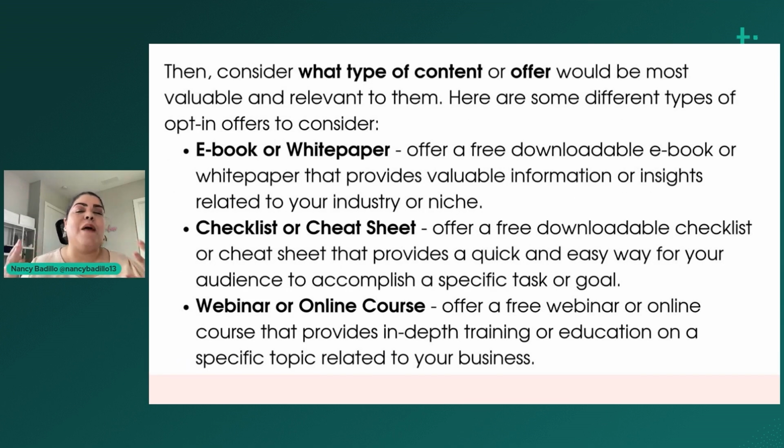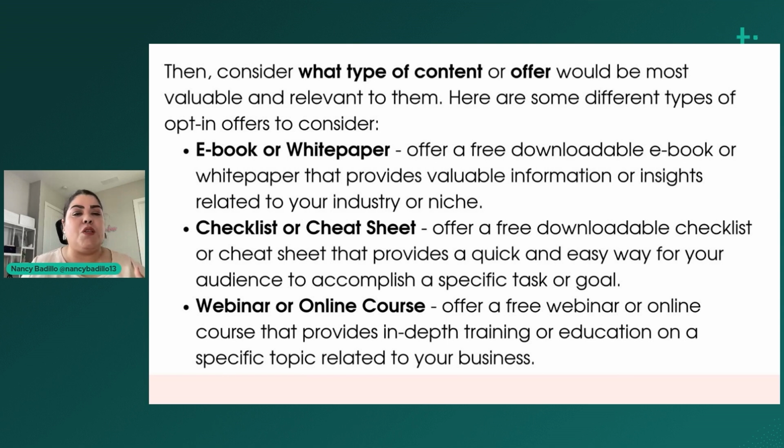Now, what type of content or offer would be more valuable and relevant to them? So let's go ahead and talk about the different types of opt-ins. The first one we're going to be talking about here is ebooks or white papers. This is a type of free downloadable ebook or white paper that provides valuable information or insights related to your industry or niche.